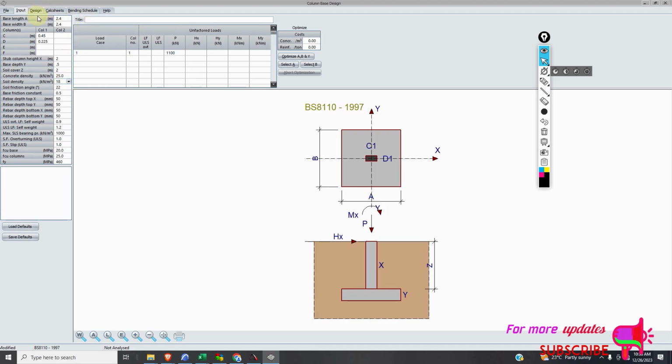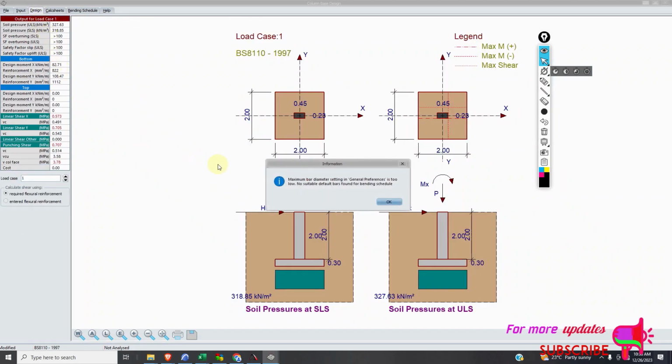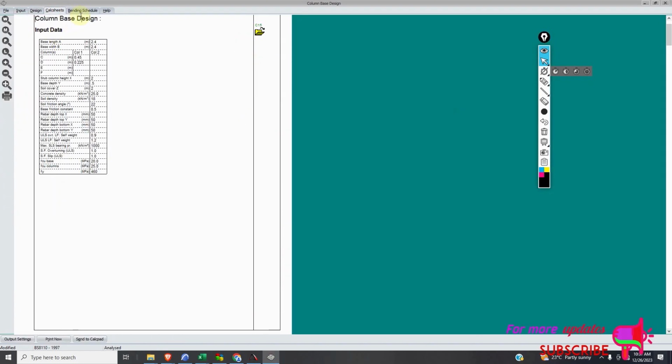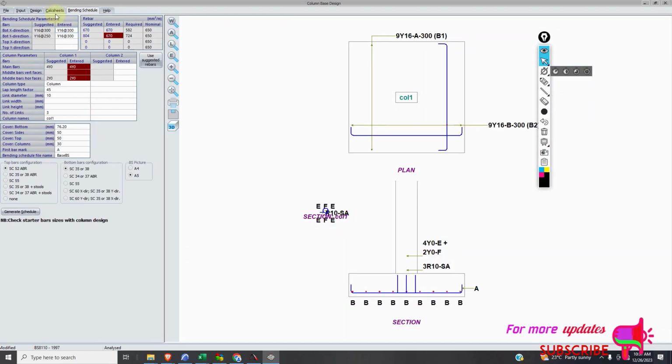Then you can put these factors as they are here, 0.9, and then 1.2, then design. So you can see now the base is passing here in Procon, and we get the calculation and everything.